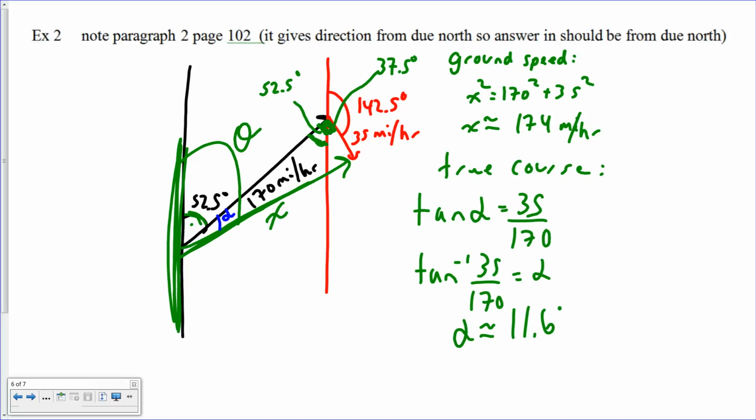Some students will stop at that point and think they're done. Go back to the drawing and find out, is that really what I want? What I want is my theta, not my alpha. In order to get my theta, I need to add the 52.5 to it. So my theta really is going to be approximately 64.1.